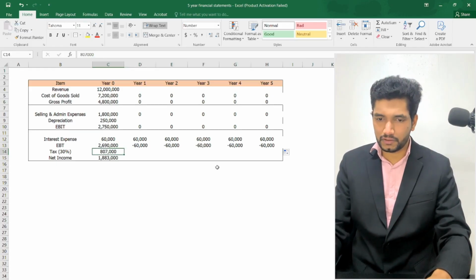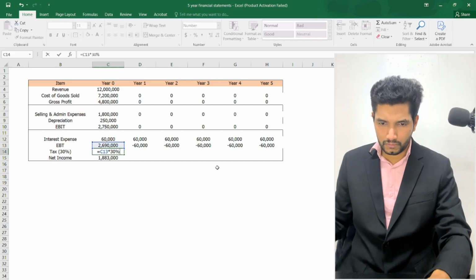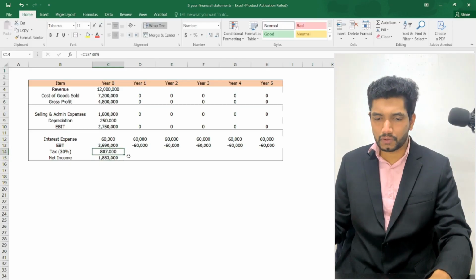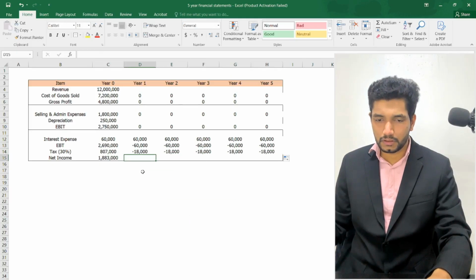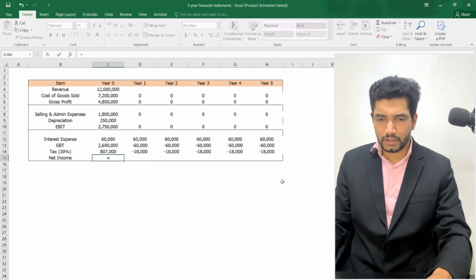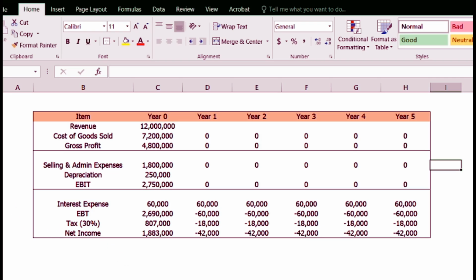Then the tax expense is 30%, which I'm also applying up to year 5. Then the net income. Net income is EBT minus tax expense. This also I'm applying up to year 5. So I have just applied the formulas for years 1, 2, 3, 4, 5.